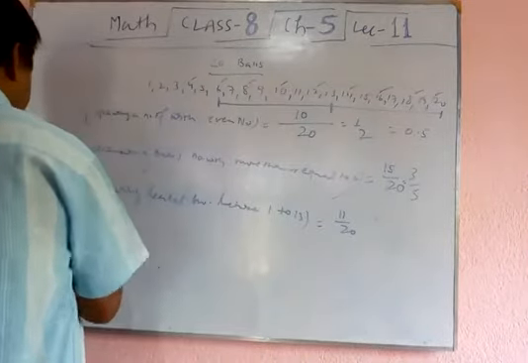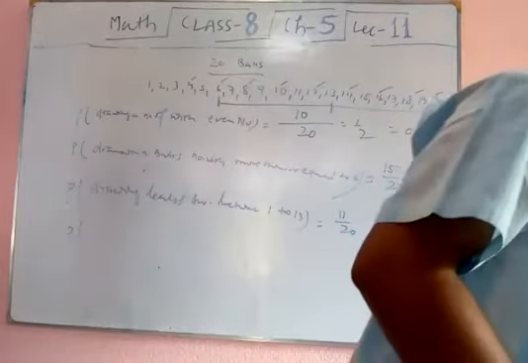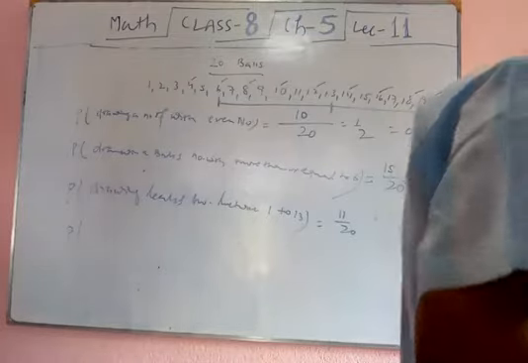Last question is the probability of drawing a ball having a prime number on it.